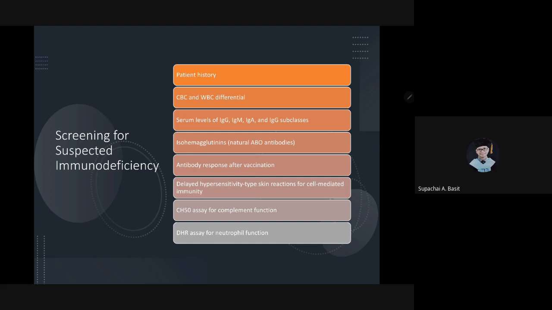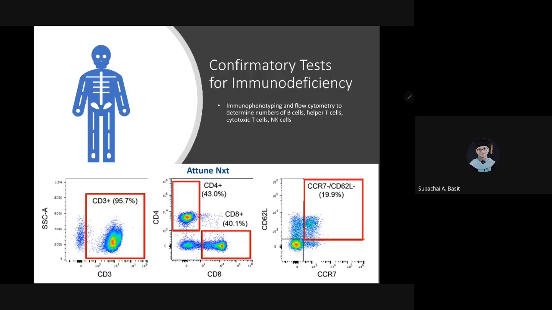Here, there would be delayed hypersensitivities, skin reactions for cell-mediated immunity. For the determination of complement deficiencies, clinicians would request the CH50 assay and then the DHR assay for neutrophil function. So these are some of the basic screening procedures for immunodeficiency.